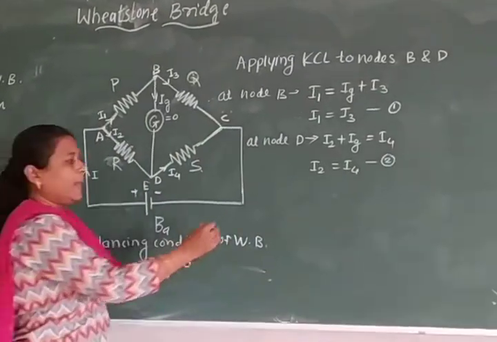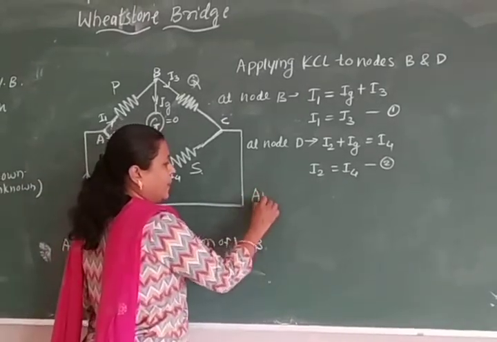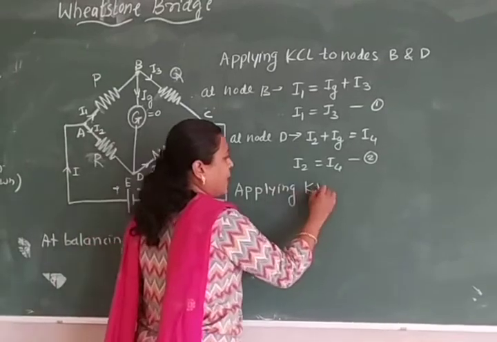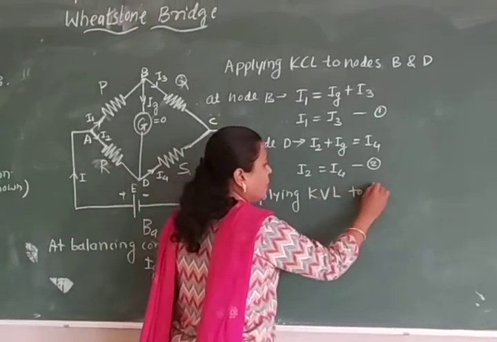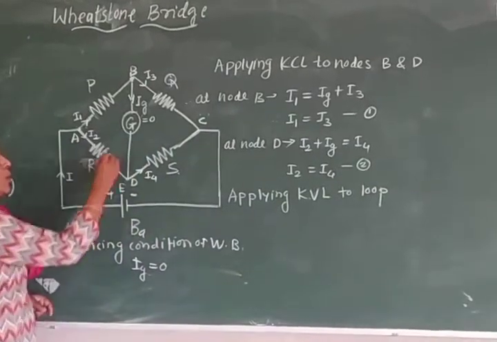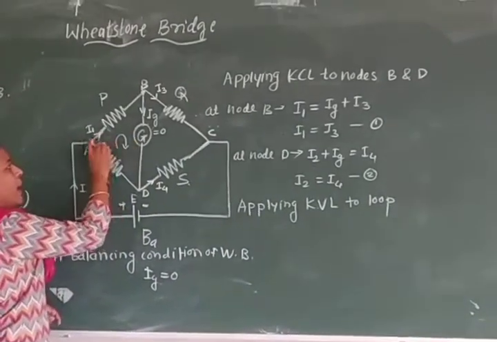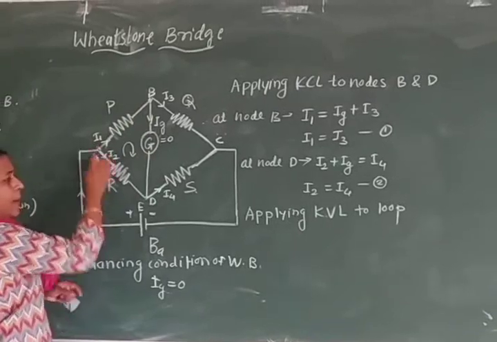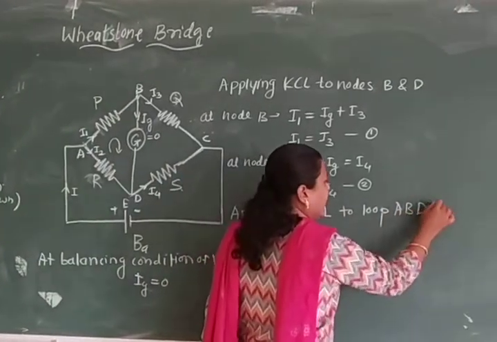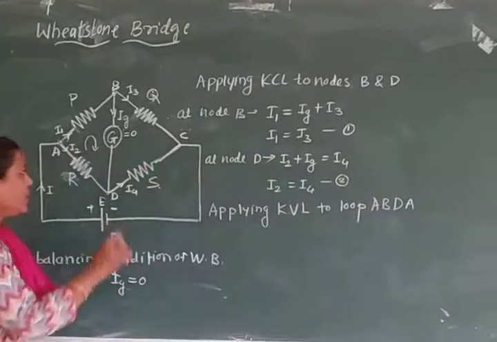Now, next step, applying KVL to loop A, B, D, A. See the loop?